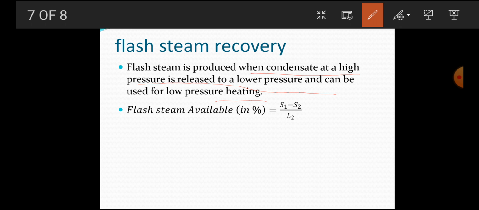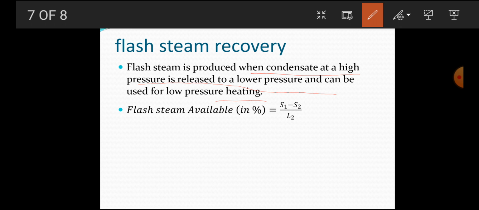The higher the steam pressure and the lower the flash steam pressure, the greater the quantity of flash steam that can be generated. In many cases, flash steam from high pressure equipment is made use of directly in low pressure equipment to reduce use of steam through pressure reducing valves.